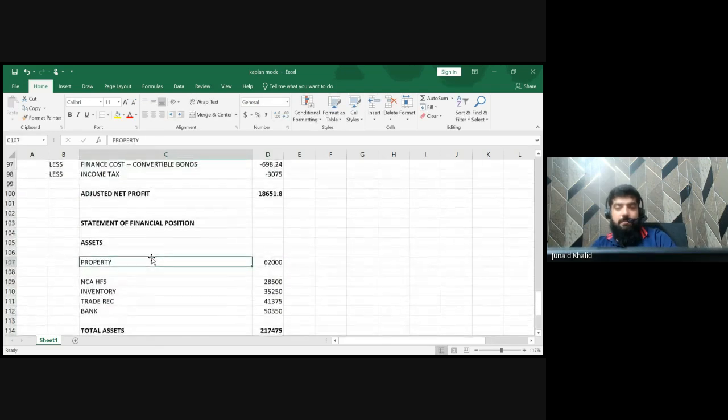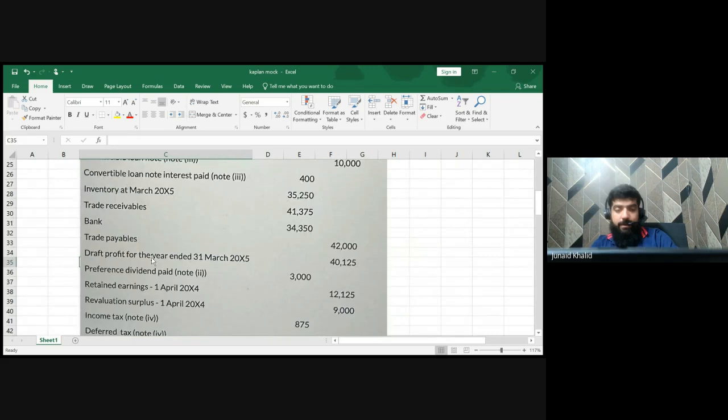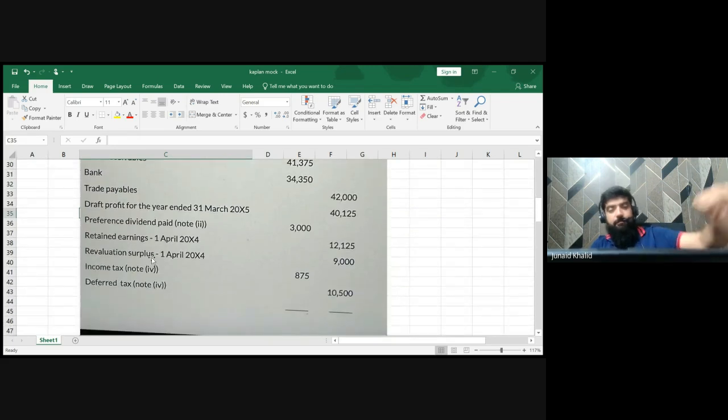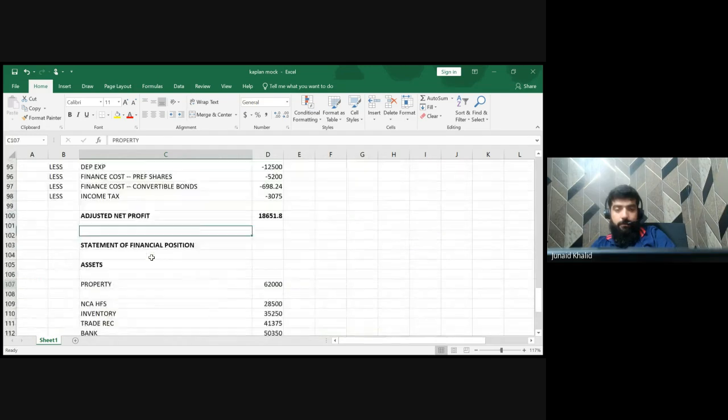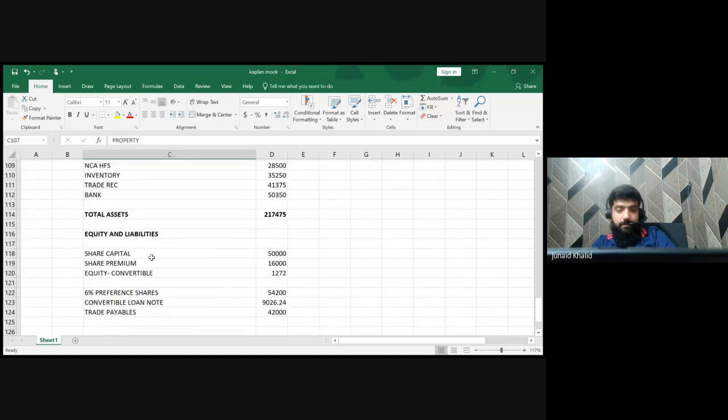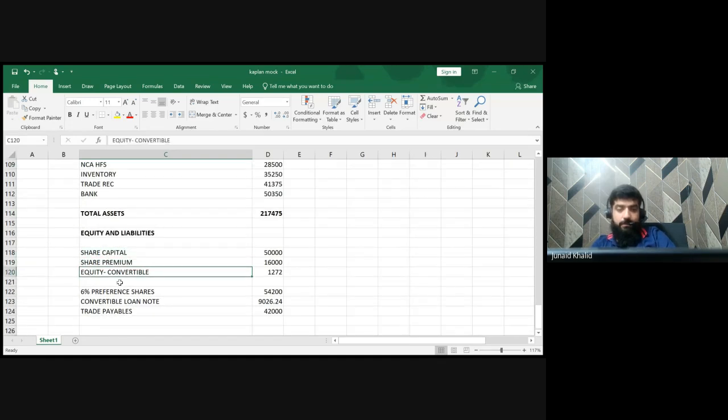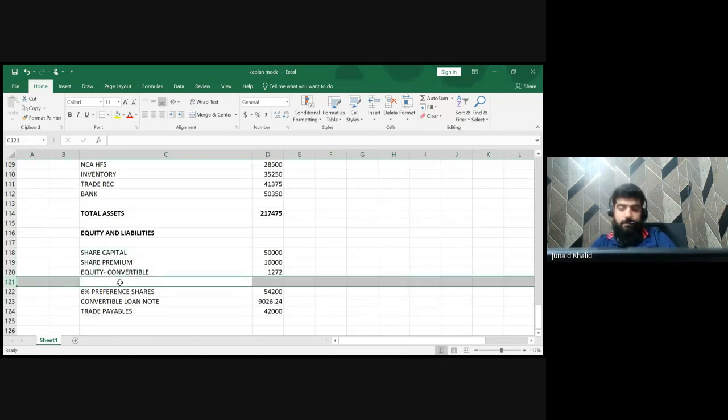Okay, anything else? After trade payables, do we have any other liability? We have retained earnings. Okay, we forgot that retained earnings, right? It should be over here.